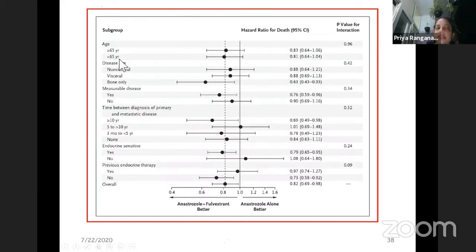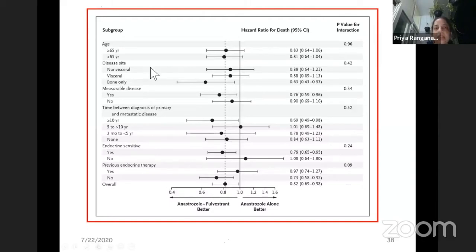In non-visceral disease site, how effective was this combination as compared to the single agent? There's something that I did not cover when I spoke about confidence intervals, and I'm going to mention it now. If confidence intervals for a ratio cross 1, you have a problem over there.